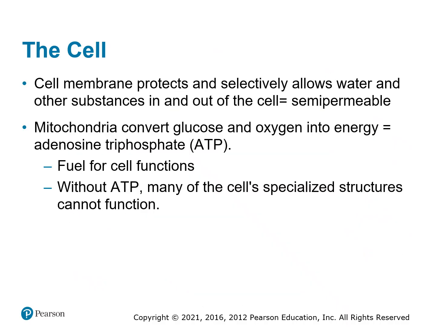All right. So the cell membrane protects and selectively allows water and other substances in and out of the cell. That's called semi-permeable. It lets substances across. Now, there are things that need help getting across that cell membrane, or they need entrance through specific gates. The cell membrane has little gates that it can get in and out of. Well, guess what?